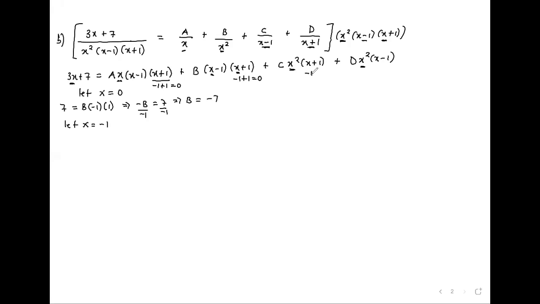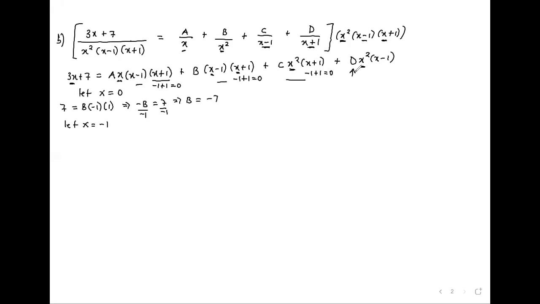We'll have -1 plus 1 here, which is 0. But this side, we won't have a 0. It will be -1 minus 1. Now that this is becoming 0, this is 0, this is 0, then you can find the value of D. Okay? So you can find the value of D.